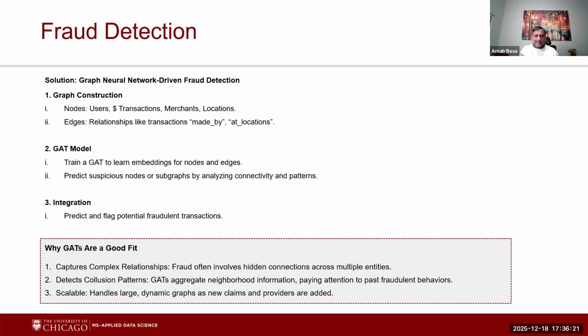GATs are a very good fit because fraud often happens across different hidden connections across different entities. Remember, a GAT is using attention, so you want to understand which connection to pay attention to, which edge, which relationship to pay more attention to. Okay.